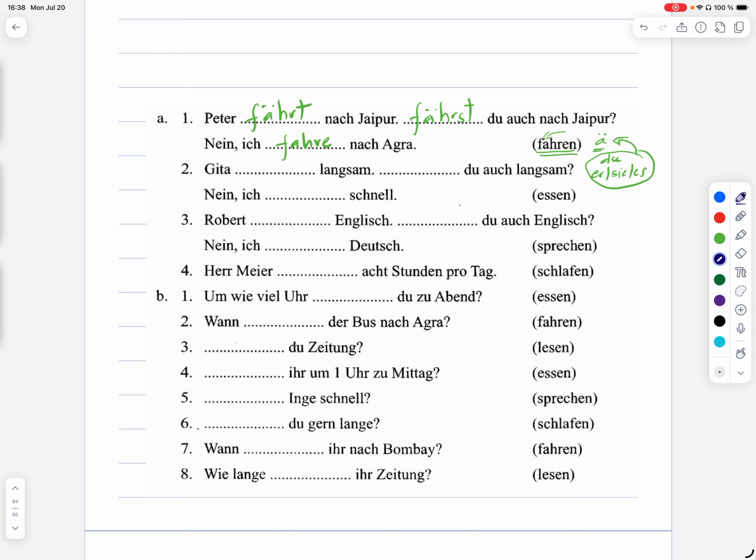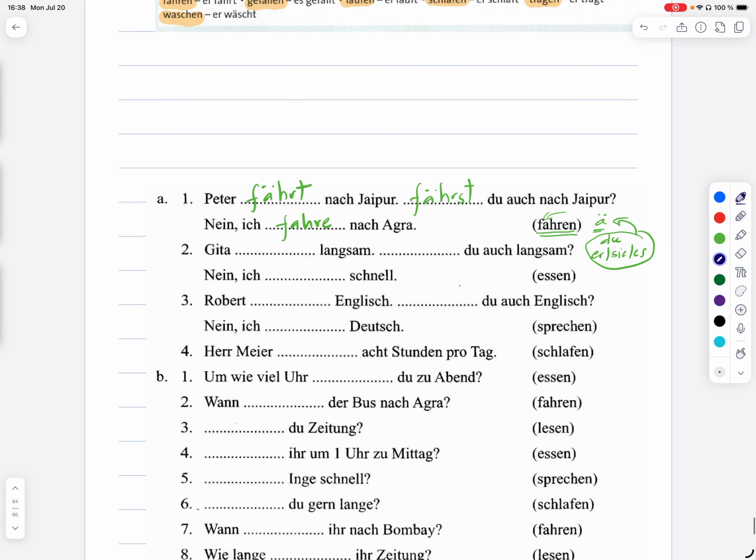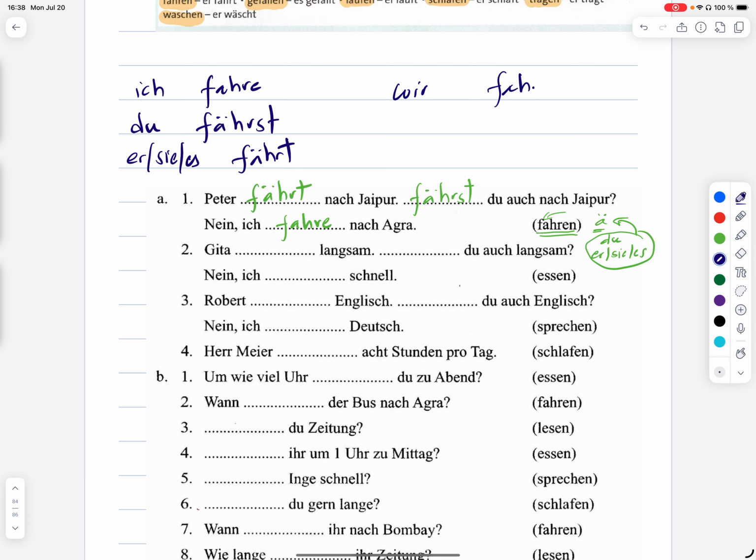So let's look at it in detail. We had the example of fahren, so it will be ich fahre, du fährst, er/sie/es fährt, then wir fahren, ihr fahrt, and then sie fahren. So from the conjugation rule, we remember we will only change for du and er/sie/es.